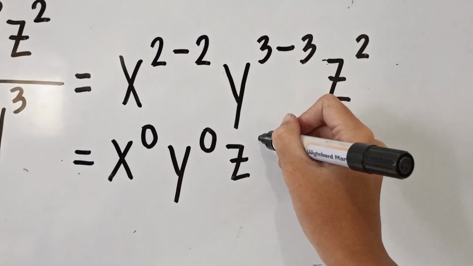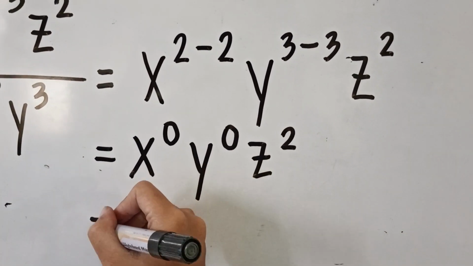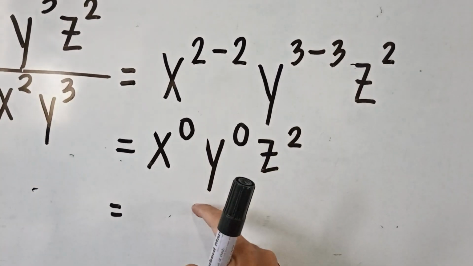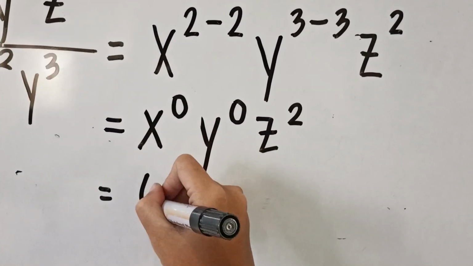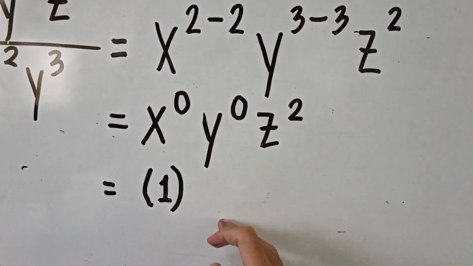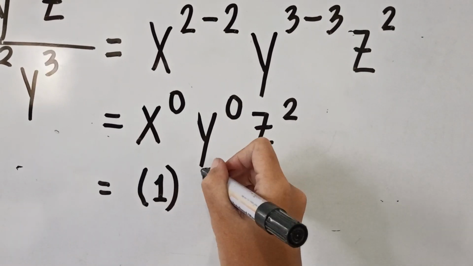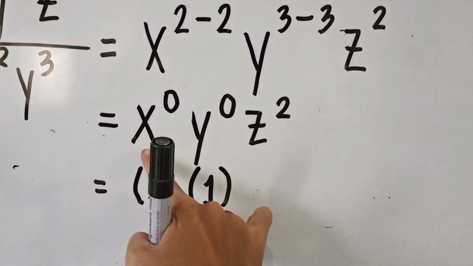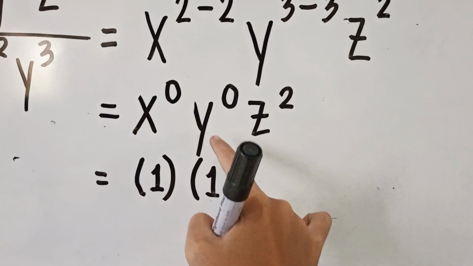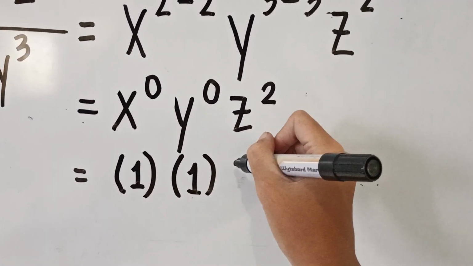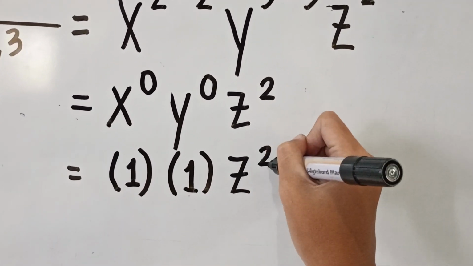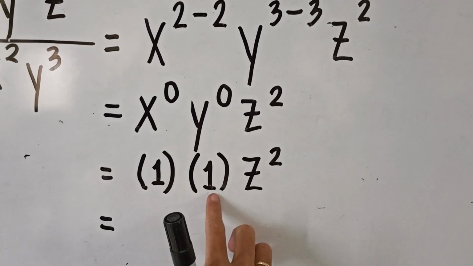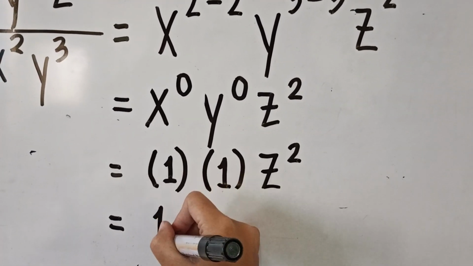Alright, now since we have here x to the power of 0 and y to the power of 0, that will give us an equivalent of 1 to each of these variables, since they have exponent 0, and we put them inside the parentheses, since the operation between each of these variables is multiplication. Now, all we need to do is to multiply the 1 times 1, which will give us 1, and we will just copy z as it is.